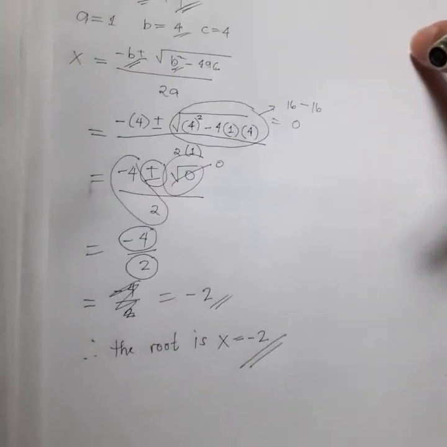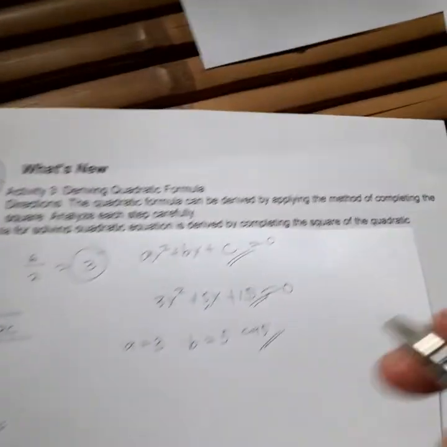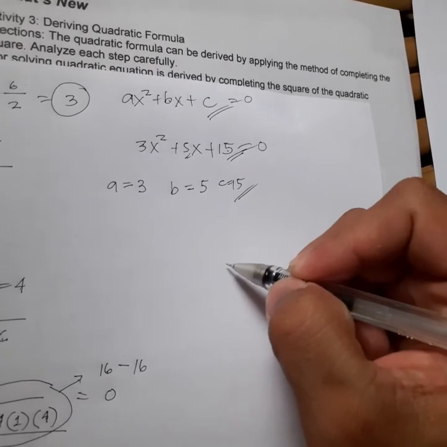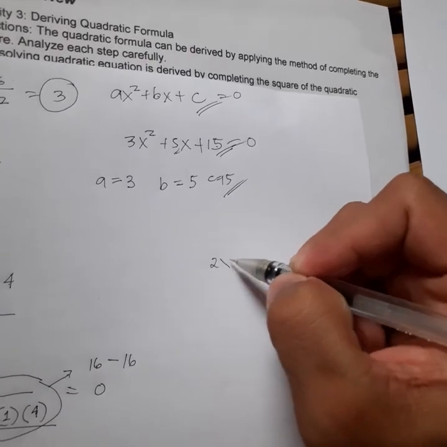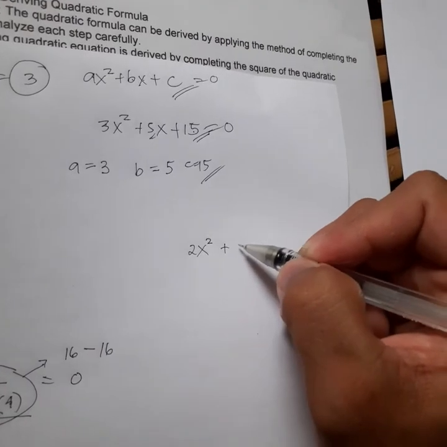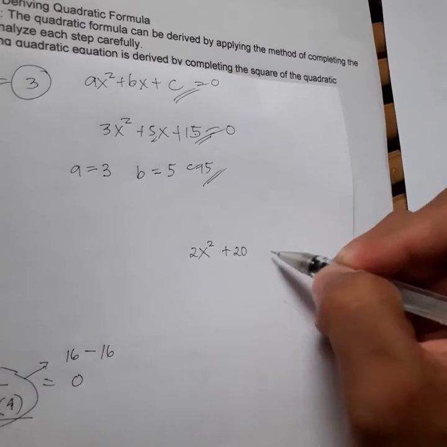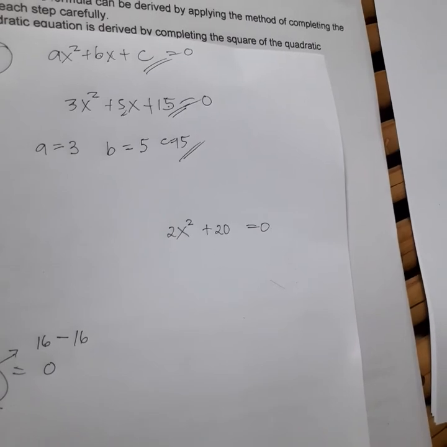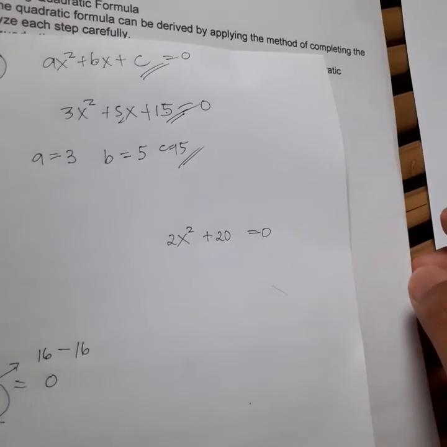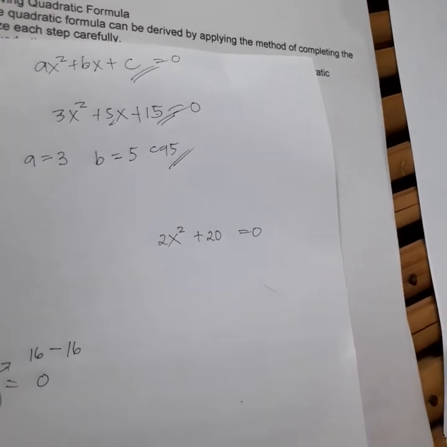Okay, let's have another example, a more challenging one. Example, we have 2x squared plus 20 equals 0. How to solve for this one? First, find the value of a, b, and c.